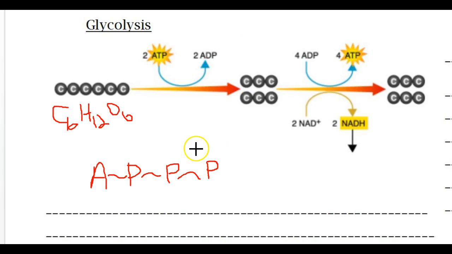So in order for this ATP to be able to break down this glucose molecule, the bond between the second and the third phosphate group needs to break. Now to break down this glucose molecule, we're going to need 2 ATPs to do what I've described down here. When it does, we're going to wind up getting ADP and an independent phosphate group. Now in this diagram, they didn't draw this independent phosphate group in there, so you're just going to have to assume that it's there, but it is there. So 2 ATP were invested to break down this glucose molecule.